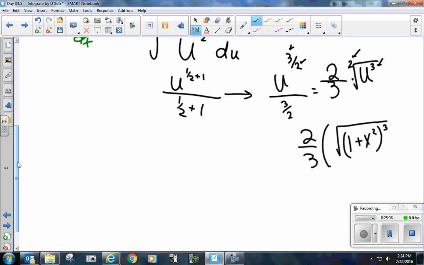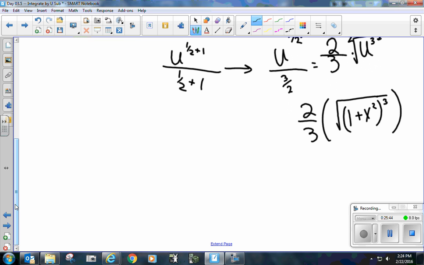And if I write that correctly, I'll put this on top of the 2 and the 3 on the bottom. When I combine them. Okay, I'll write 2 times the square root of 1 plus x squared cubed all over 3.